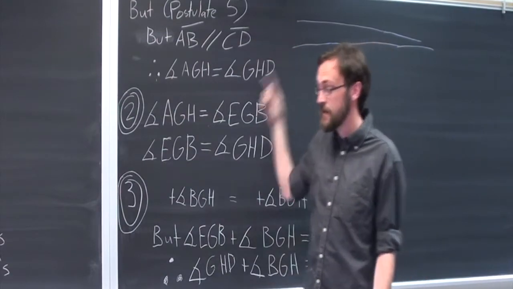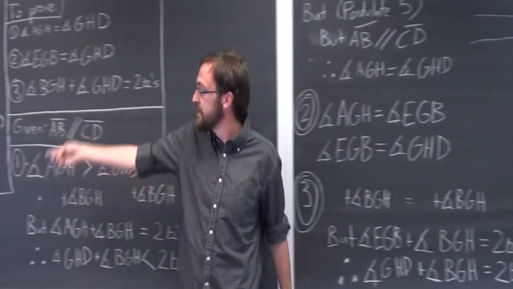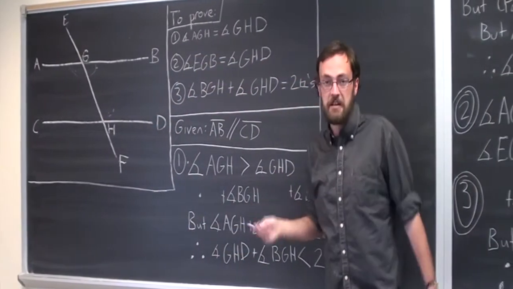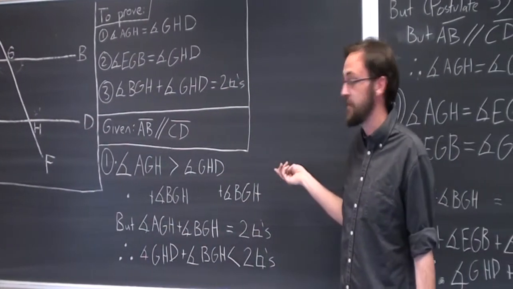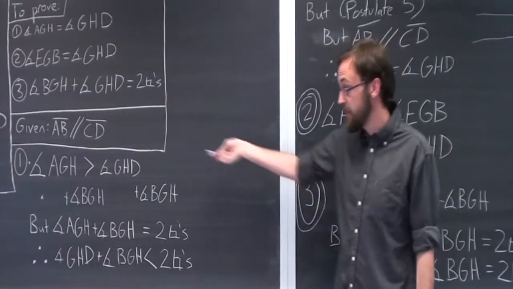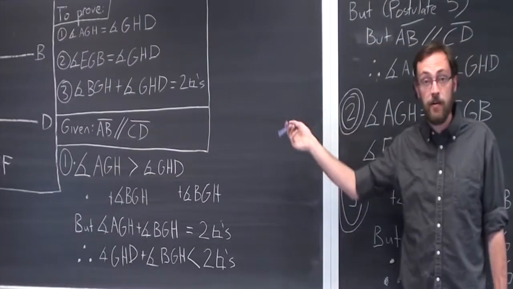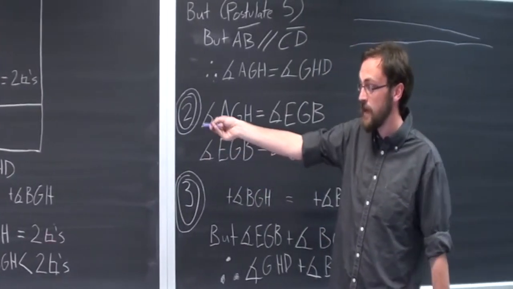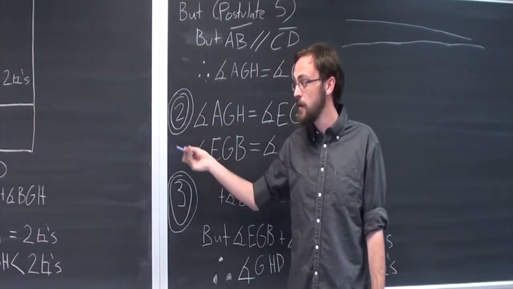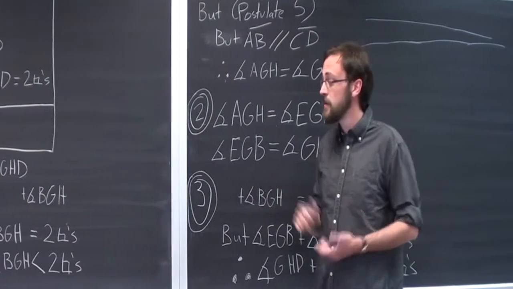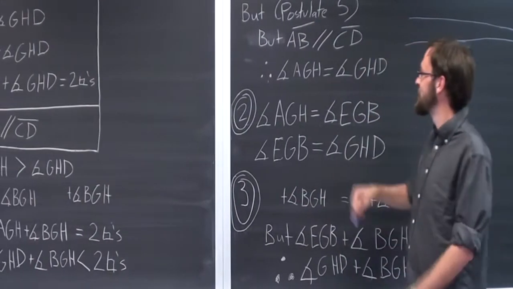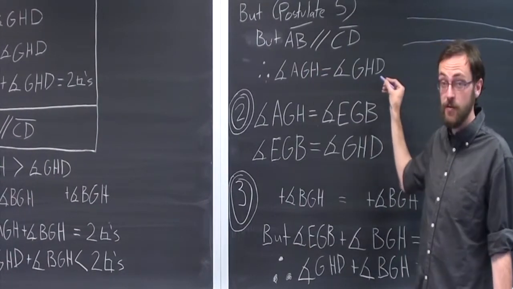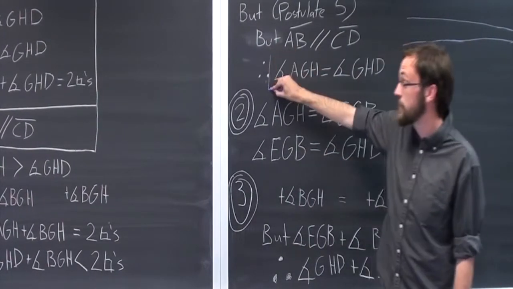And so then, in this case, since these two angles right here are less than two right angles, then AB and CD have to meet. But that's absurd because our given was that AB and CD are parallel. So that can't work. So therefore, our assumption that AGH is greater than GHD, which we could have just as well done the other way around, feel free to try it yourself at home, will show that, therefore, AGH must be equal to GHD, which is the first thing that we wanted to show.